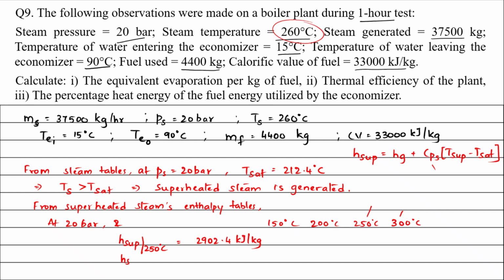At 300 degrees Celsius, it is 3025.0 kilojoule per kilogram. By interpolating both of these, I obtain the enthalpy of superheated steam at 260 degrees Celsius as 2926.92 kilojoule per kilogram. This is the value that I'll be using for our further calculations.